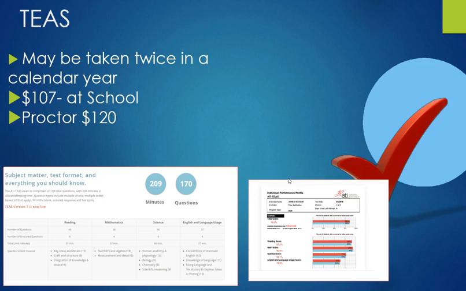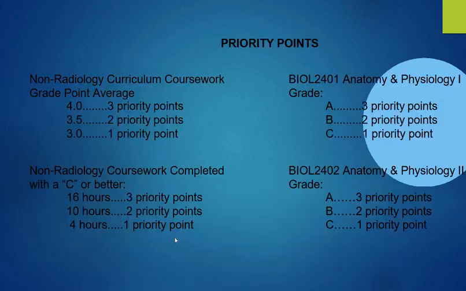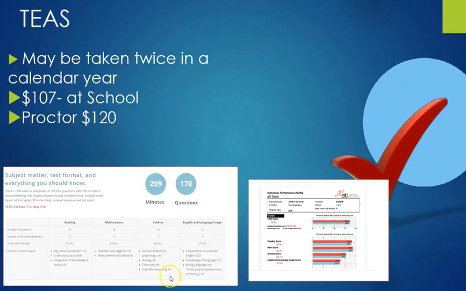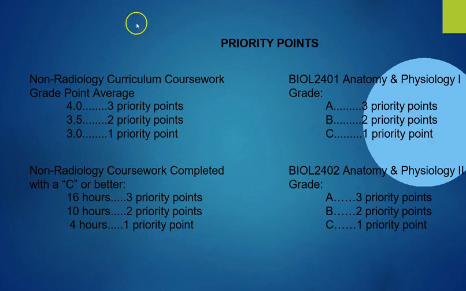If you look at their website, they also have some study materials that you can buy to prep for the TEAS test, and you can find all that information on atitesting.com. So that's one portion of the application that we take into consideration, your total score for your TEAS test, and then we add that to priority points.